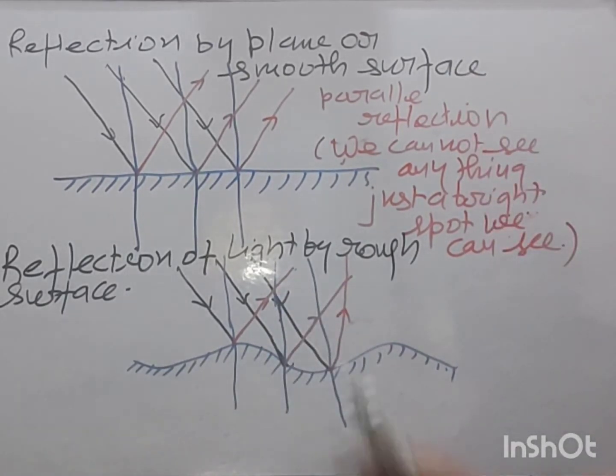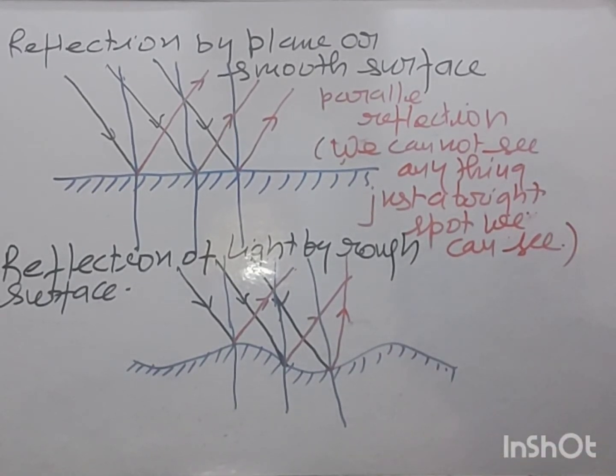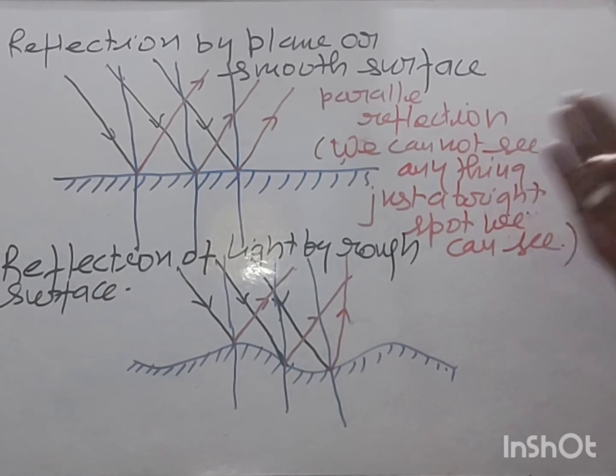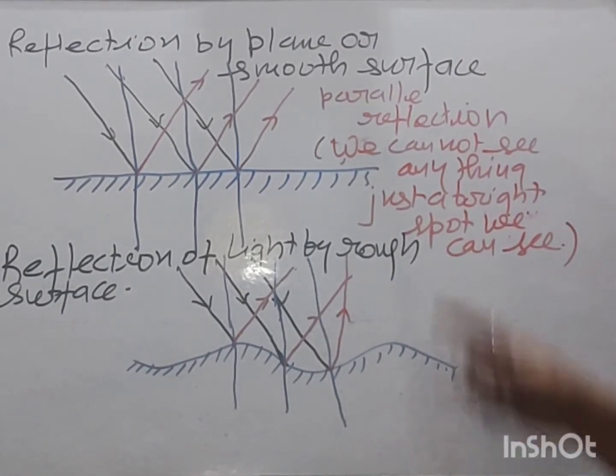So when reflection occurs through a rough surface, the incident rays after reflection can meet with each other.